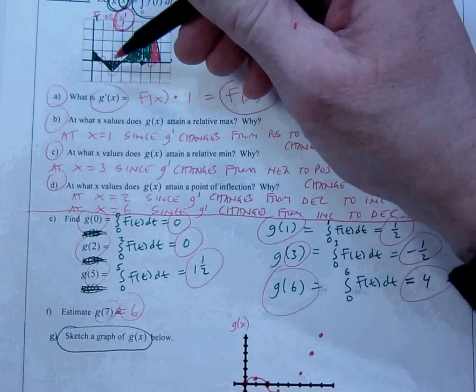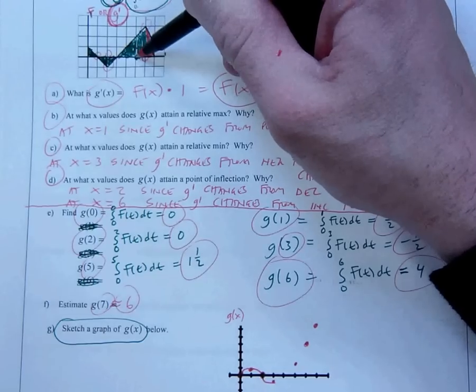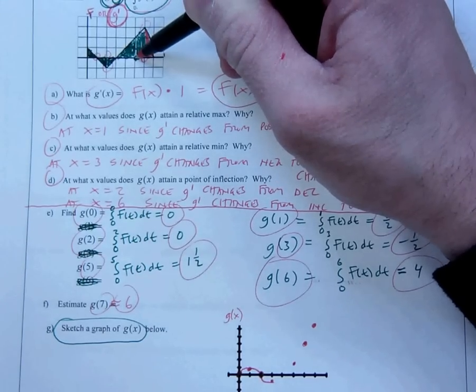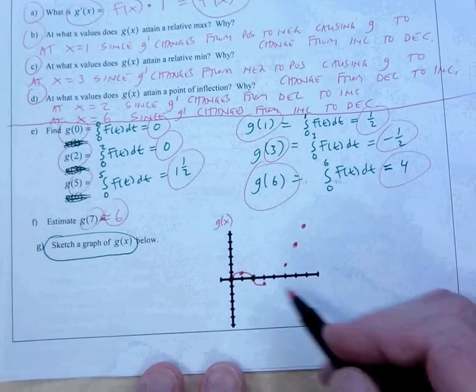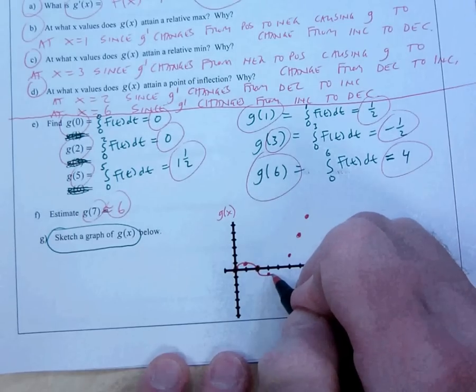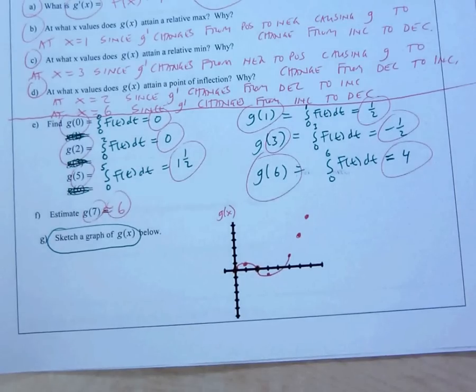Between 3 and 5, G prime is positive and increasing. Therefore, G is increasing and concave up. So I've got to connect these 2 dots with a graph that's increasing and concave up, kind of like that. Yes? Isn't that increasing and concave up?